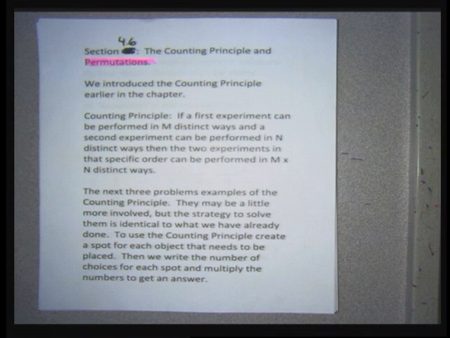Quite honestly, because permutations are a special kind of counting principle problem, the problems that we can use permutations to solve, we can also use the counting principle to solve. I'm of the opinion that learning one way to solve a problem and getting really good at it is probably better than learning multiple ways, especially when the multiple ways only work for a very specialized group of problems.